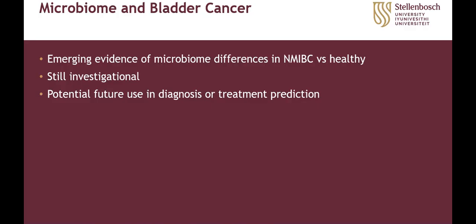So in theory, this long-term dysregulation caused by dysbiosis can create a pro-tumorigenic environment. Evidence is still emerging. There are definitely differences that have been detected. Everything is still investigational, but I definitely think there's potential future use in diagnosis and treatment prediction.